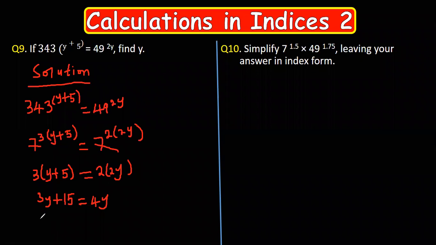So let's say 3y is here, minus 4y equal to minus 15. So here we should have minus y.